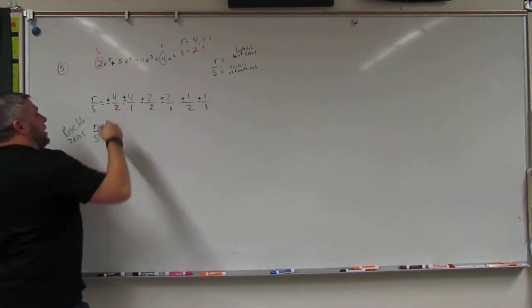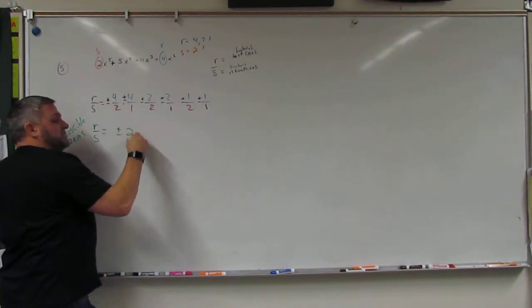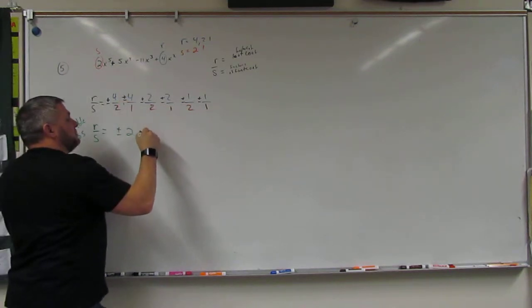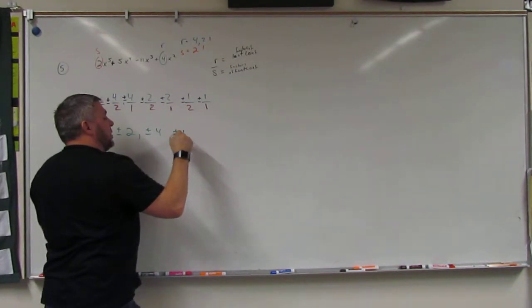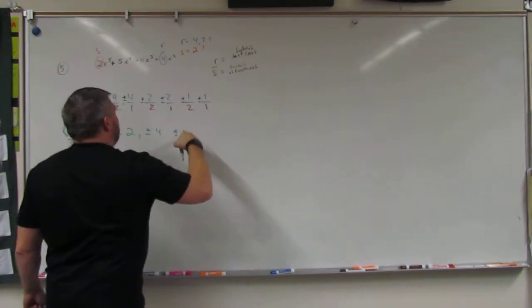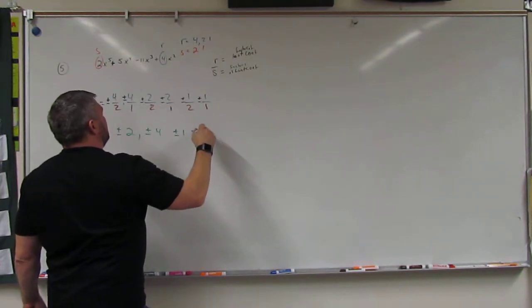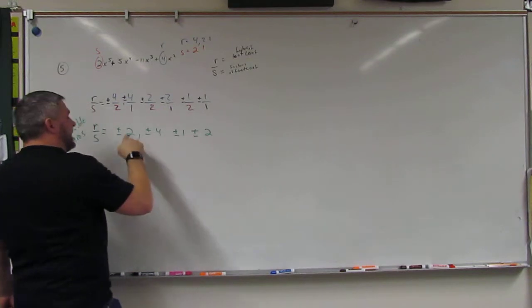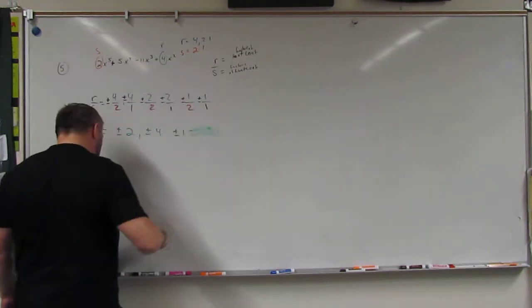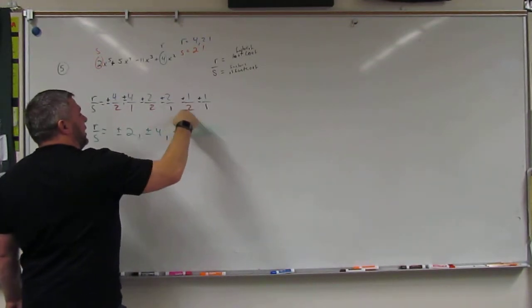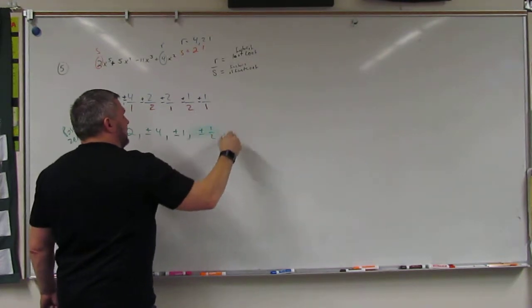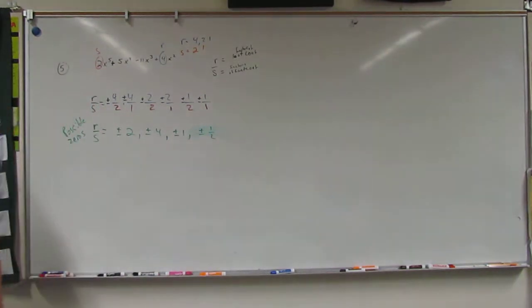So it's plus or minus 2, plus or minus 4, plus or minus 1, plus or minus 2. But that's already here, so I don't have to write it. Does that make sense? And then plus or minus 1/2, and then plus or minus 1, which is already there also. So those are all the possibilities. That's how you figure that out.